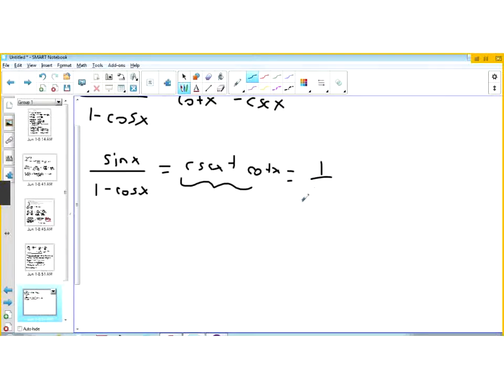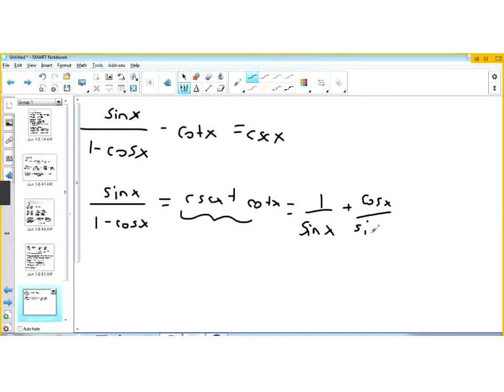Okay? So cosecant of x, of course, is 1 over sine x. And the cotangent of x is cosine x over sine x. Okay. And so now I have a common denominator. Oh wait, let's see. Cosecant is 1 over sine. Yeah. And so let's see here.